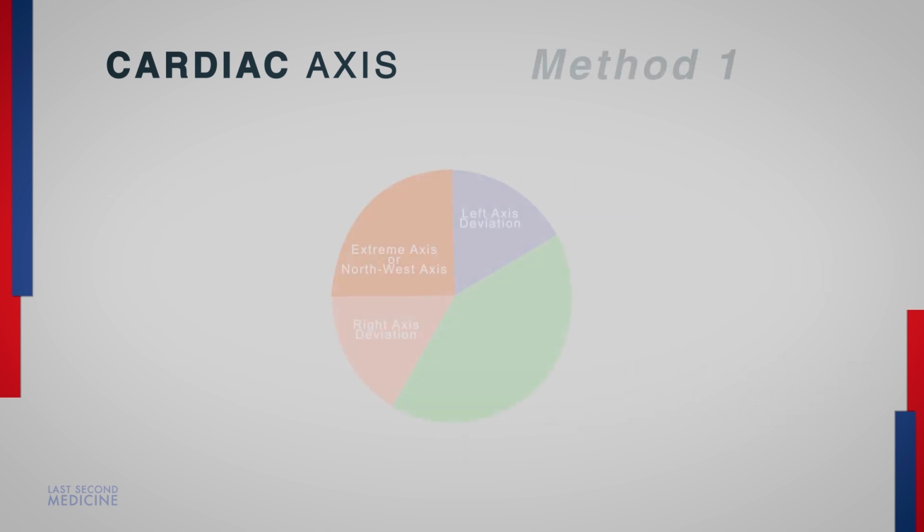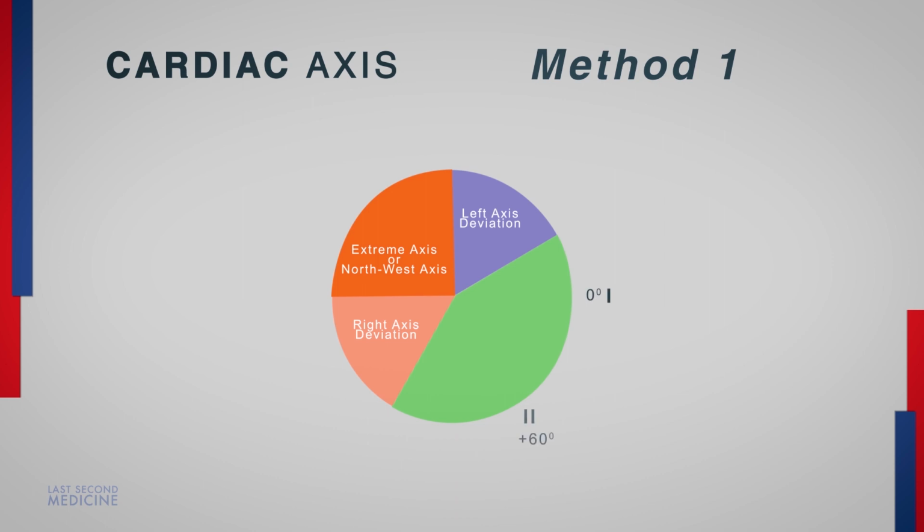Now coming to the methods. Method number 1. To decide if the axis is normal, you need only to look at 2 of the limb leads, 1 and 2. If the QRS complex in lead 1 is predominantly positive, this indicates that the axis lies anywhere between minus 90 degrees and plus 90 degrees.